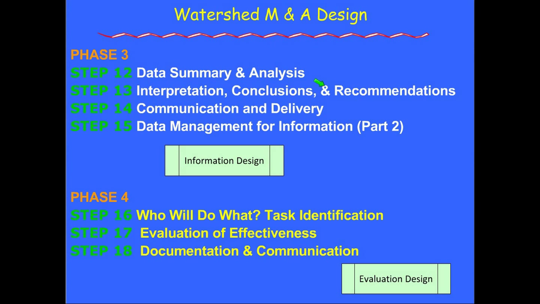And then finally, phase 4 is this evaluation. Who does what? Some of you might be in a monitoring program. I mean, this framework works for even state agencies where there's a laboratory unit division, and then there's the assessment division, and then there's the people who do something with the data. If you're big enough and you're that separated, you need a who will do what even more so that those sections are talking to each other, because a monitoring and assessment implementation effort occurs over time, years even.